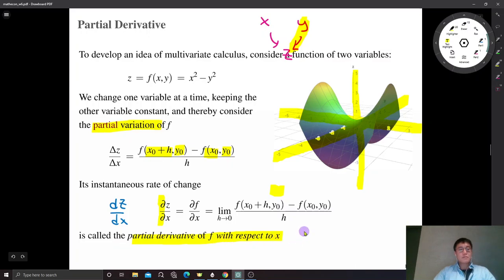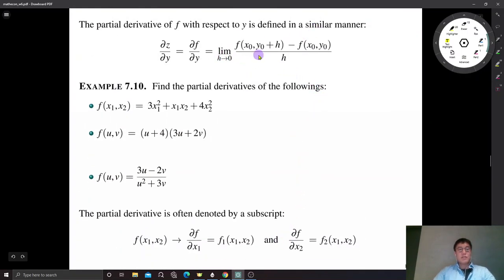Because the function also depends on y, we can consider the partial derivative of f with respect to y. The definition is pretty analogous to the previous one. The partial derivative of z with respect to y is defined as the instantaneous rate of change in response to a change in y. Now we regard x as a constant, so x does not change at all.